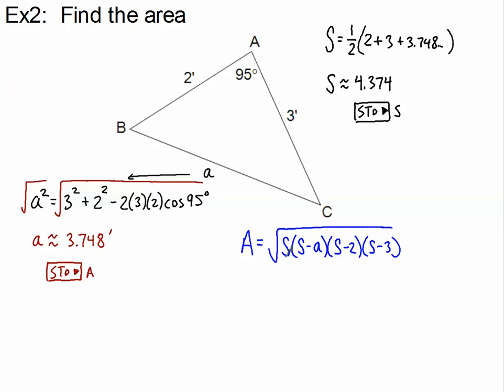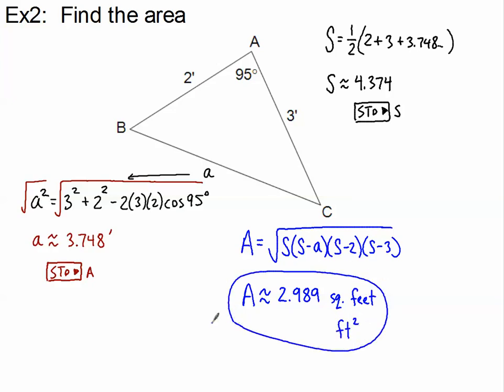So I'm using the alpha S button and the alpha A button, plugging all of this into the calculator, taking the square root, and finally my area will be 2.989. And I know that I'm dealing with feet because I've got my little feet symbol, so I could say square feet, or I could say feet squared. Either one of those symbols is fine, but please make sure you put units when units are given to you in the problem.